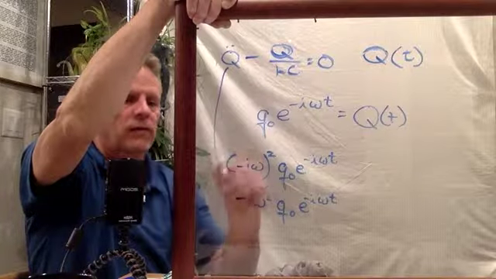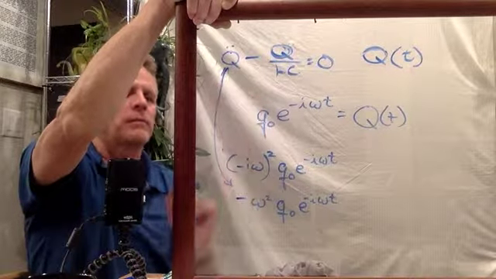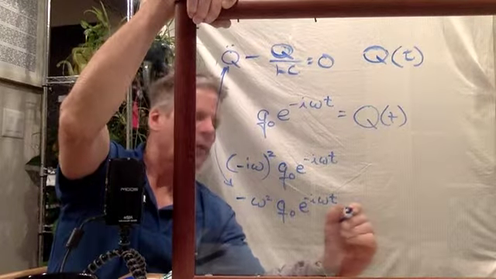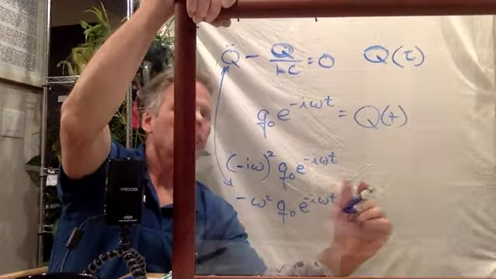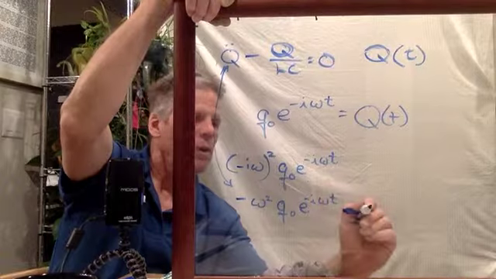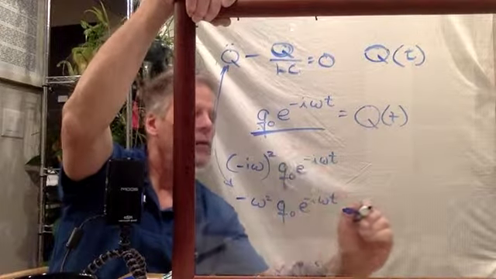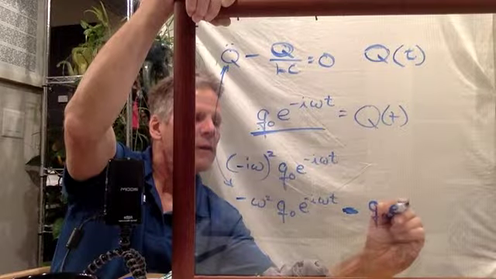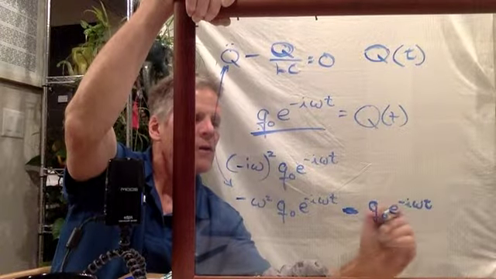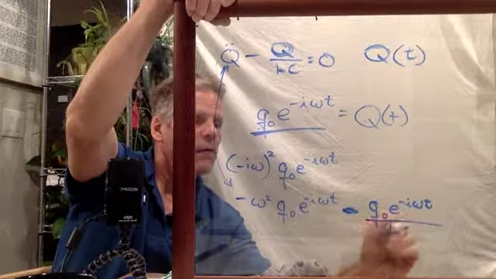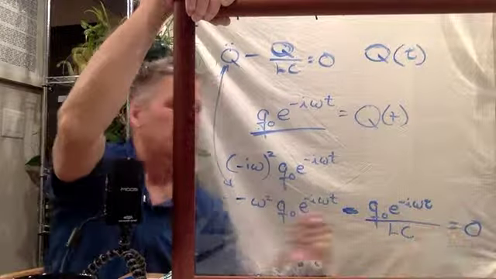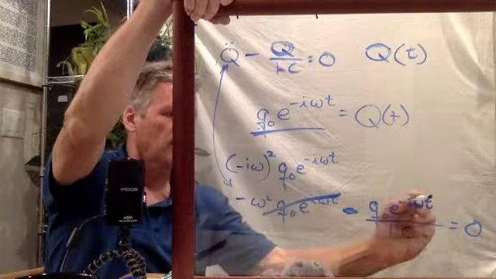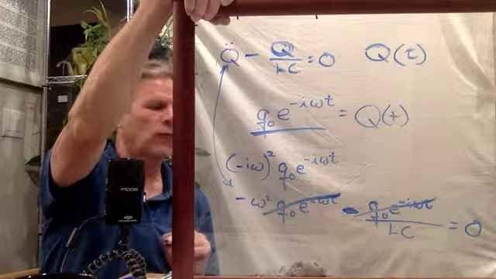This is just that Q double dot right there. And then we have this equals minus Q, which we've defined right here, which is Q0 e to the minus i omega t over LC, and we know that is equal to 0. Well, we're just going to divide those terms right out.